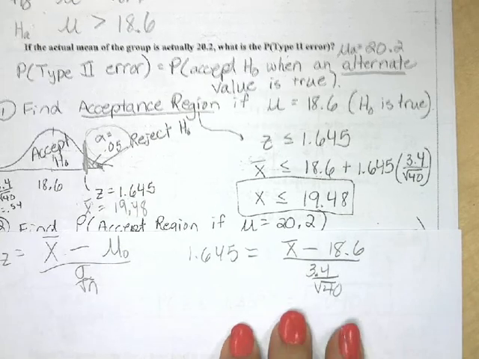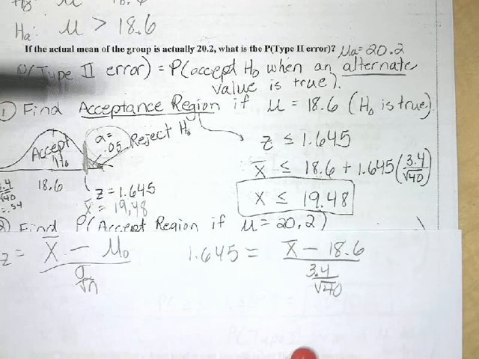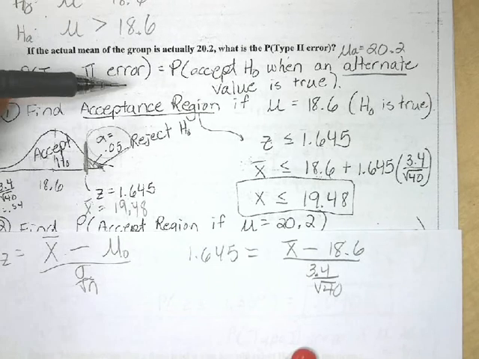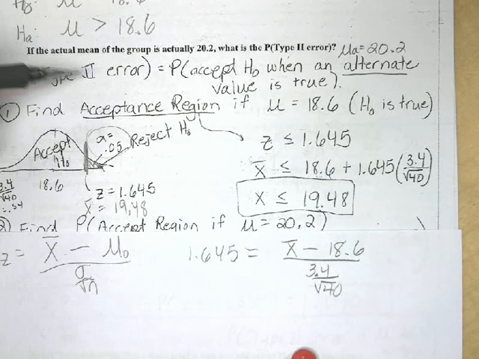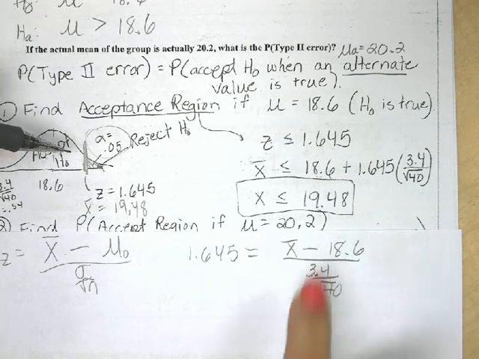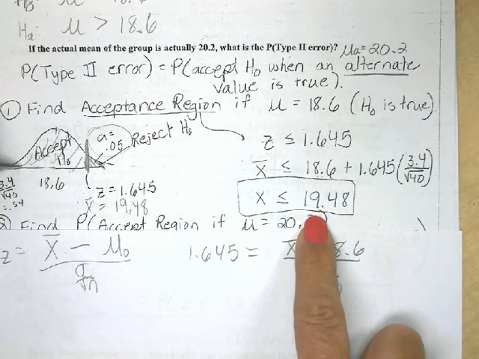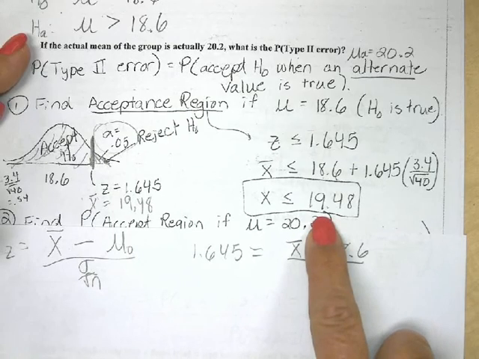So we have to find where would we accept the null and where would we basically reject the null. And we would accept the null and say, hey, that's just normal variability, anytime we get an x-bar that is less than or equal to this 19.48.